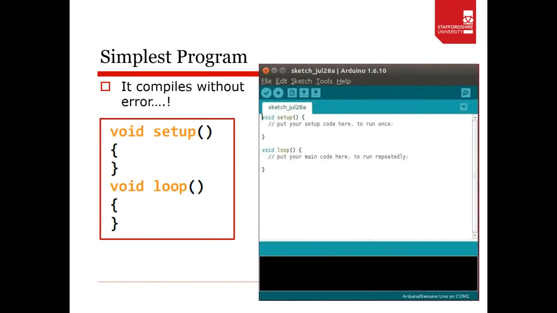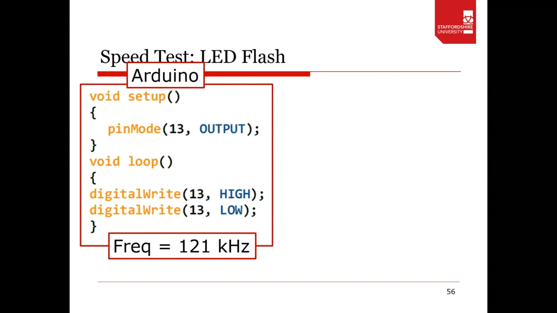So here we've got the diagram, the program. Do we know what this program does? I know that for some of you this will be a very, very simple program. What is this program doing? Can anybody describe it?